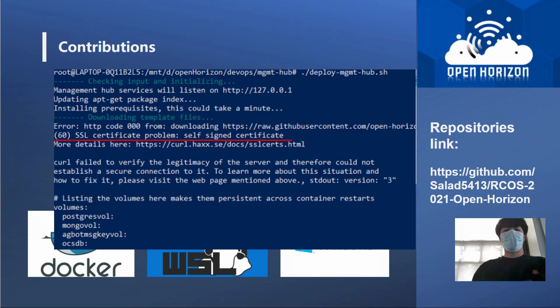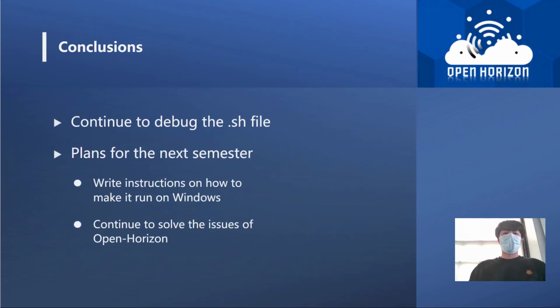When we run the .sh file in the virtual machine, it runs successfully and automatically generates some environment variables. So, in the next 2 weeks, we will continue to debug the .sh file, and we are not sure if there will be more problems after we fix this issue.